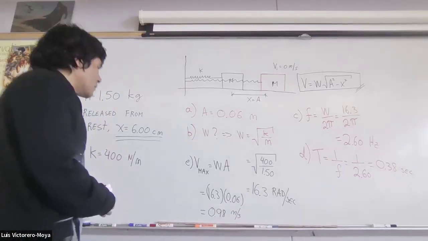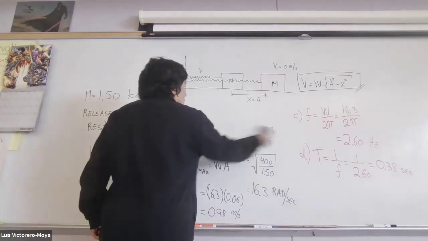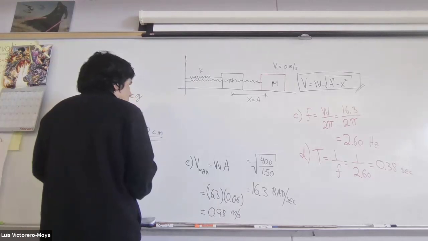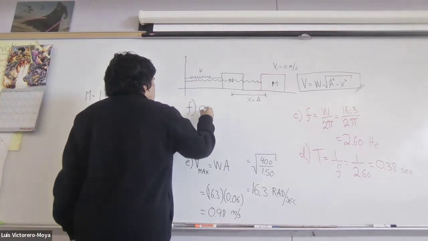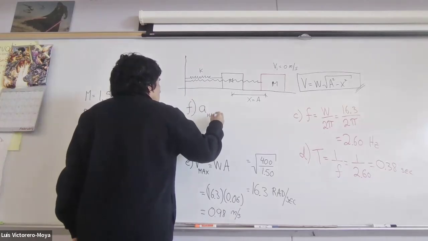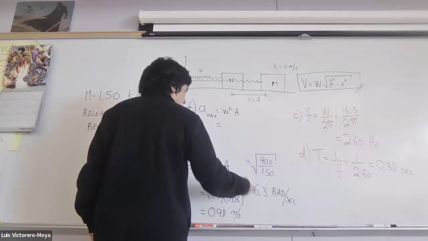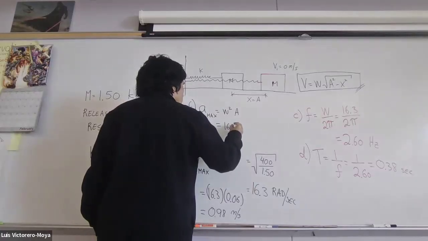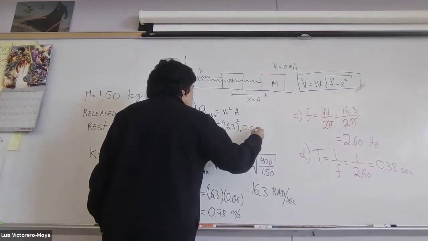And then the maximum acceleration, W squared A, right? So the acceleration max is just W squared A, which is that square times 0.06.